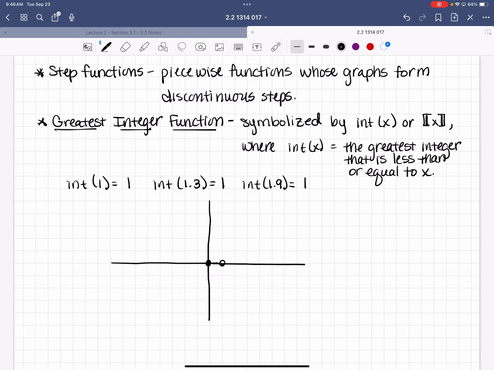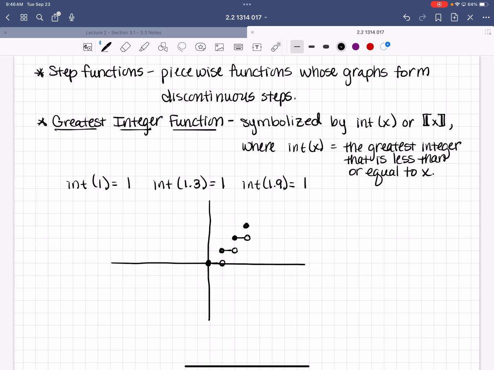Then at 1, it actually equals 1, and it stays 1 until I get to 2. Then I have an open circle at 2, and then I jump. At 2, I do actually equal 2, and I stay at 2 until I get to 3. And then what happens at 3? I jump up to 3.